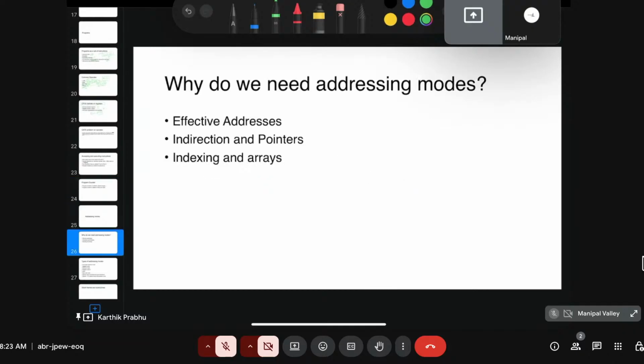Okay. So the next idea is addressing modes. If we wanted to do simple addition of two numbers, then we don't really need addressing modes, because addressing modes are more about accessing data and instructions efficiently and effectively.